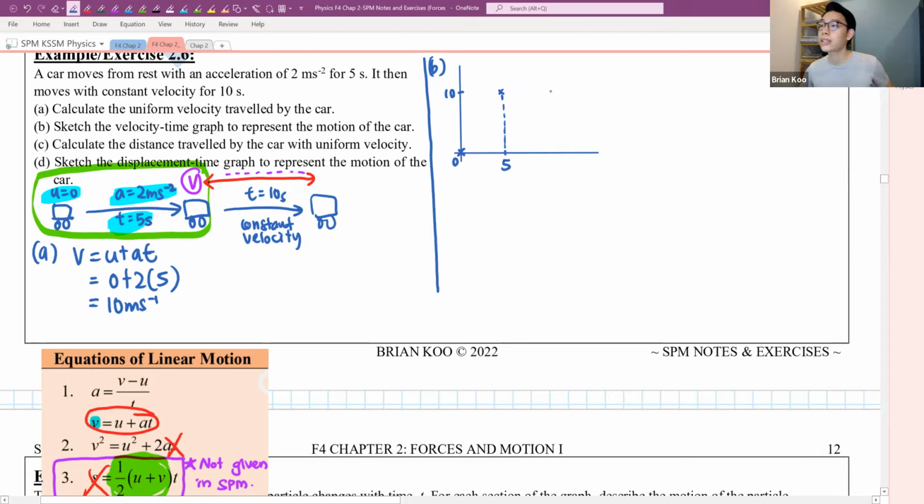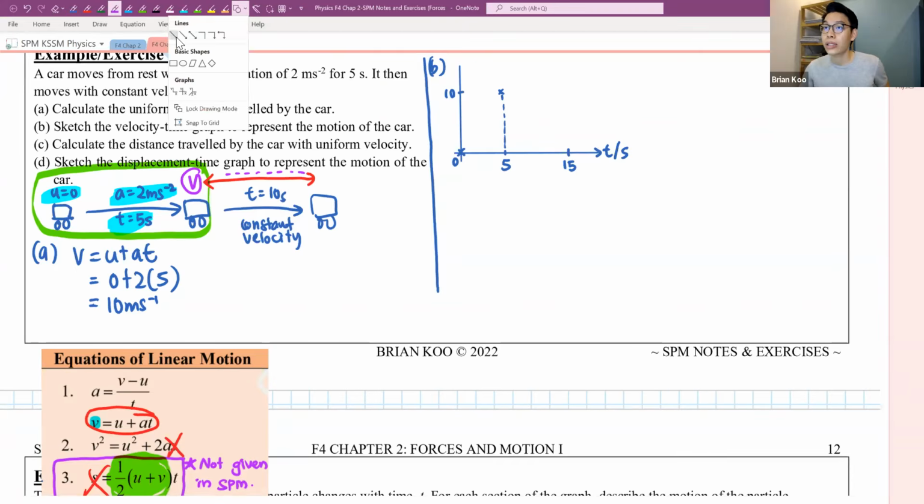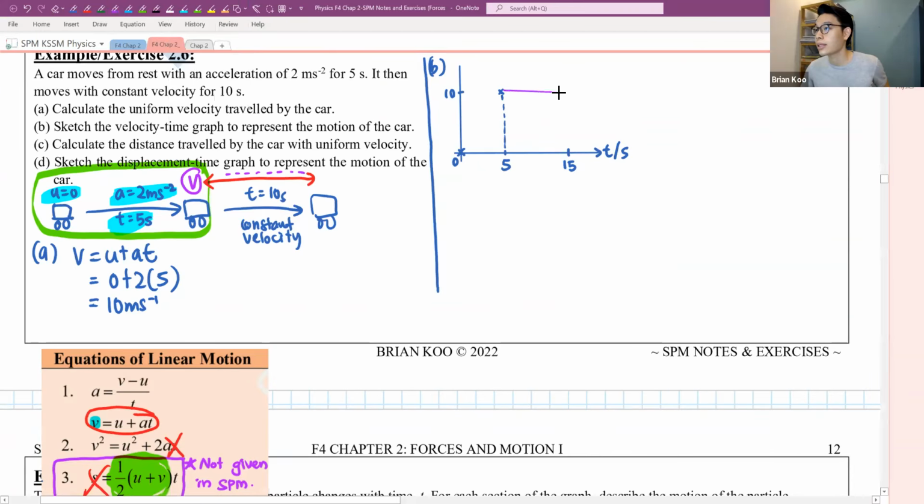Then it's going to stay at constant velocity for the next 10 more seconds. So here you're going to write 15, please don't write 10, because it's 5 seconds plus another 10 seconds, that will be 15. Your graph at the end part is going to look like this, because it's just constant velocity.